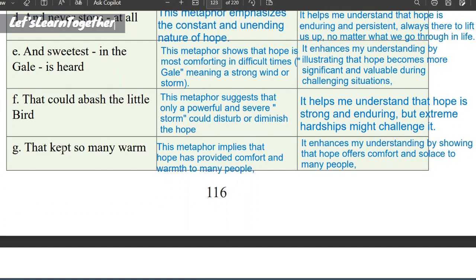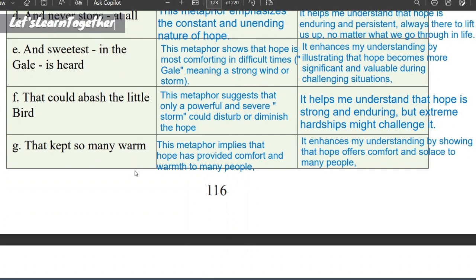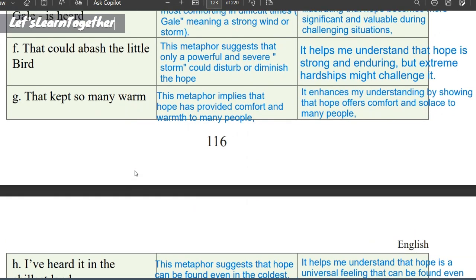Then G is "that kept so many warm." That means hope gives people a sense of warmth and comfort in any situation.